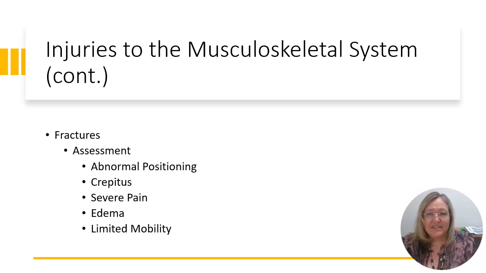So when you're assessing for these disorders, you want to palpate lightly unless you already know it's broken, and then there's really no reason to palpate. But if you are palpating, say there's a suspected fracture, one of the things you're going to feel is crepitus, which feels kind of crunchy when you're pressing on those bones.